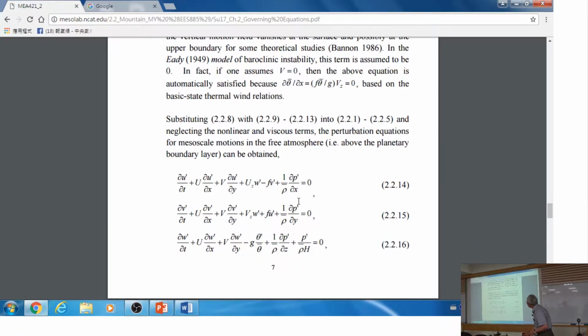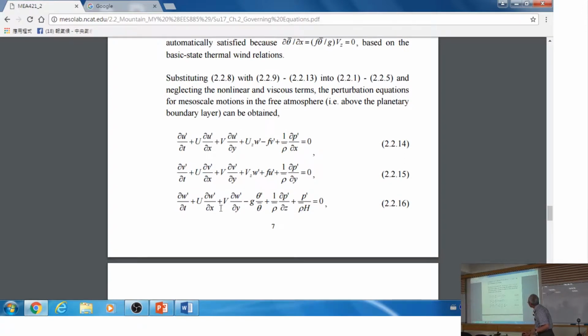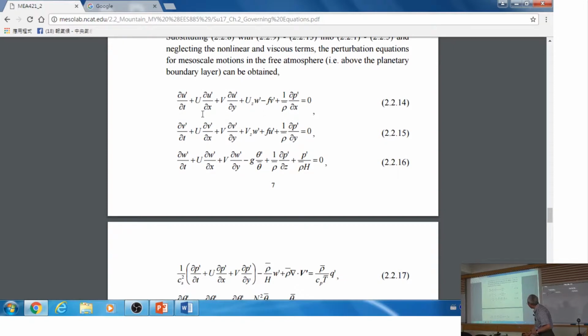After that, we end up with this set of equations. Still very complicated, even though they are linearized.